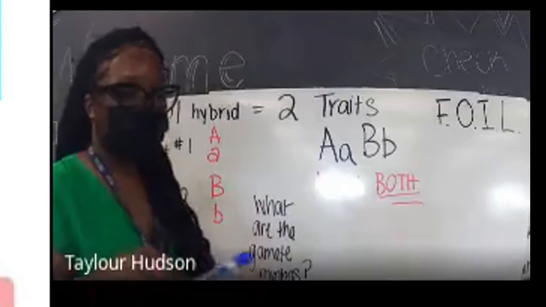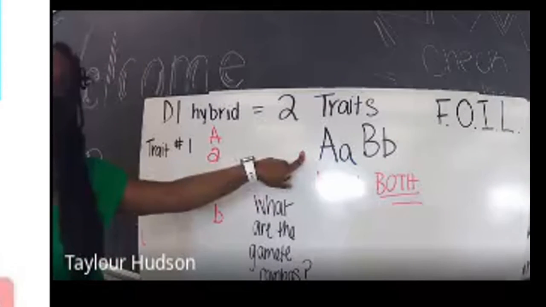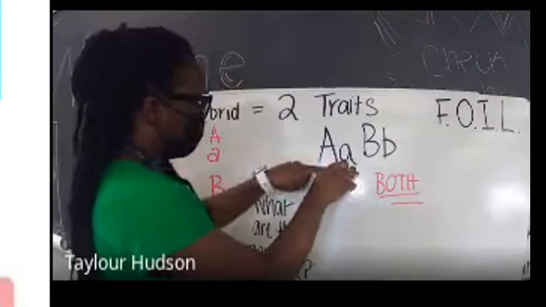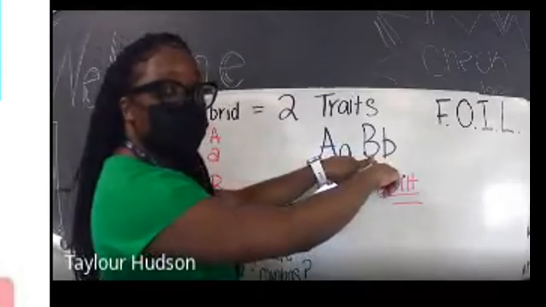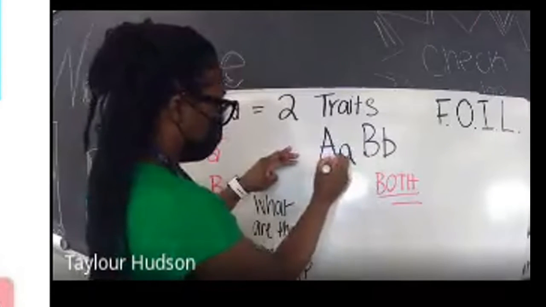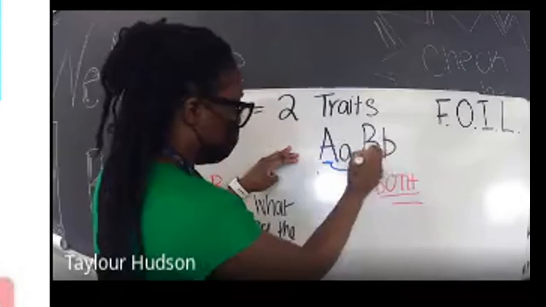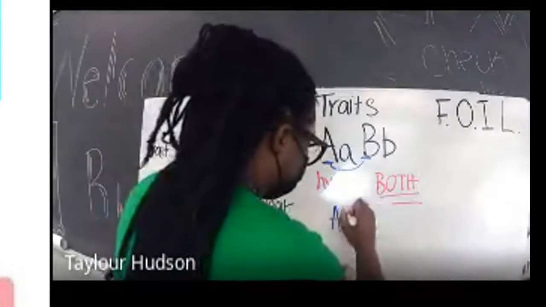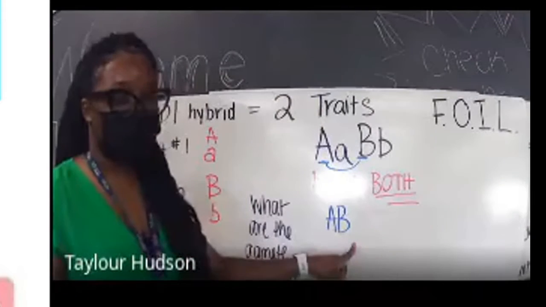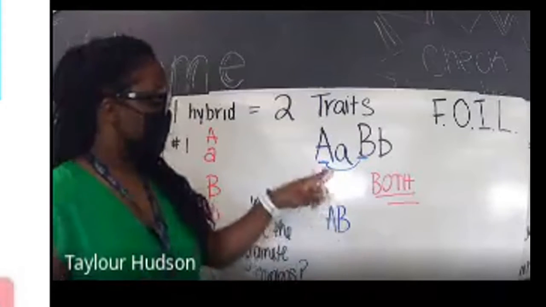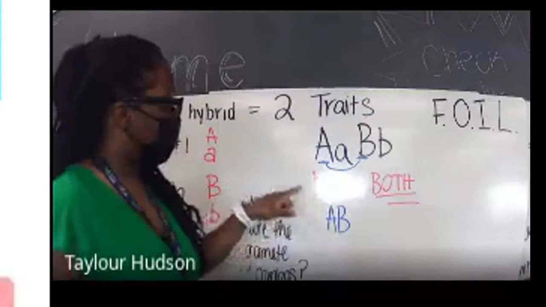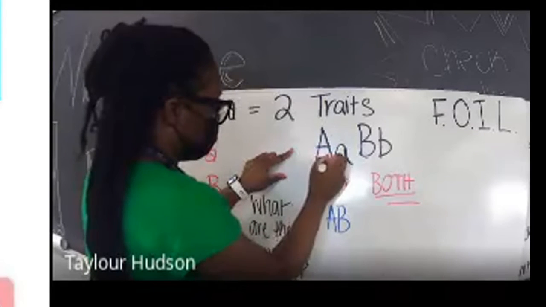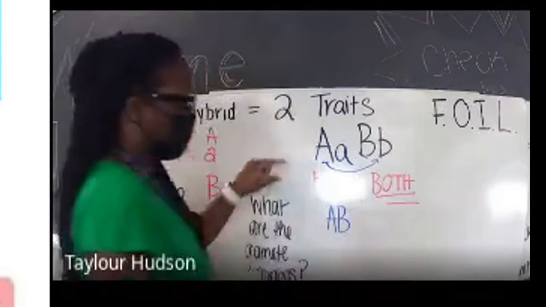All right, so here we go. Starting with the first letter, A, I'm going to combine it with the first letter over here, B. So that first combo would be A and B, uppercase A, uppercase B. Next, we're going to do outer. So I'm going to stick with my first letter, and I'm going to combine it with the one on the outside.